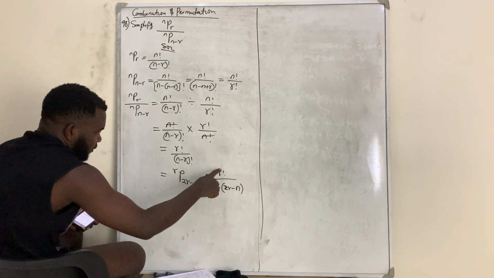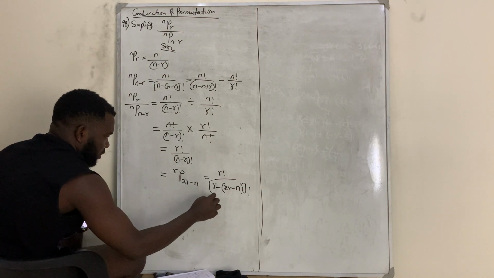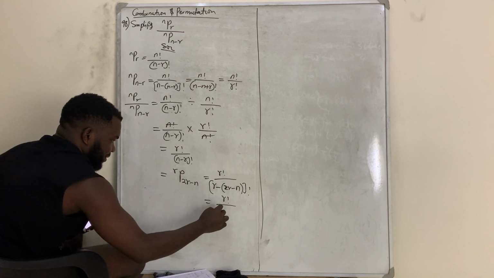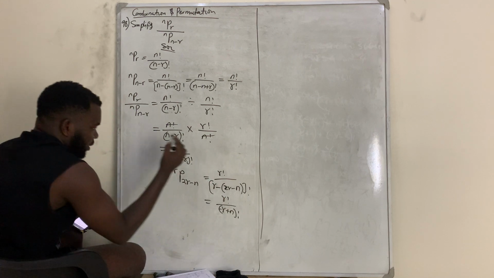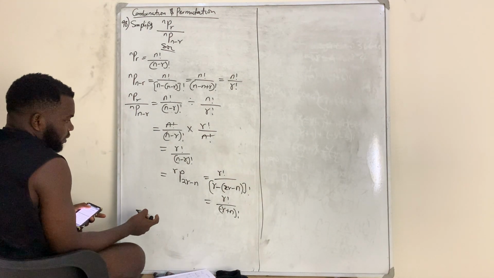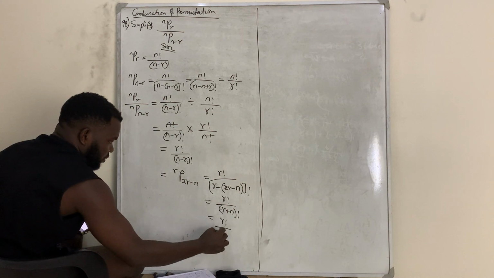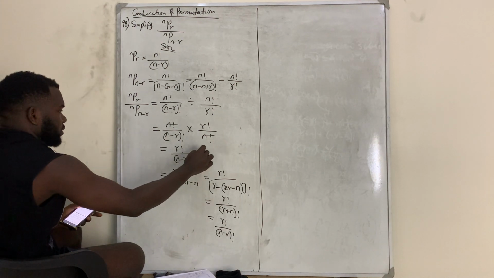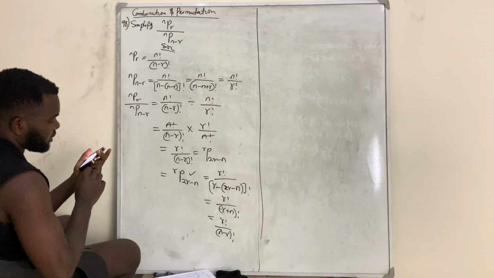So if we have this, this is supposed to be r factorial all over this, and this is giving us minus r plus n then factorial, which is going to be, if you arrange it very well, n minus r factorial. Yes, I'm very correct. So this is equal to r permutation 2r minus n. So that is the answer for that.